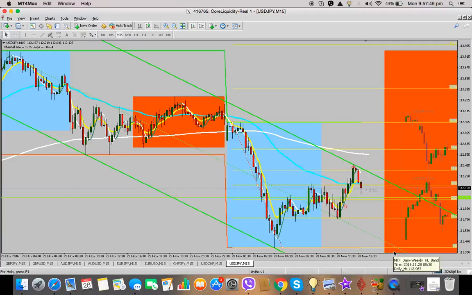Now, what that does is it makes my criteria just that little bit weaker in this case, because I'm thinking this market's going to go up. All the indications for me have been this is going to go up. This now is something that says to me, well, there's the potential of the market doing what it's doing here, right? So what I then do is draw in critical junctures, and these are my fib areas.